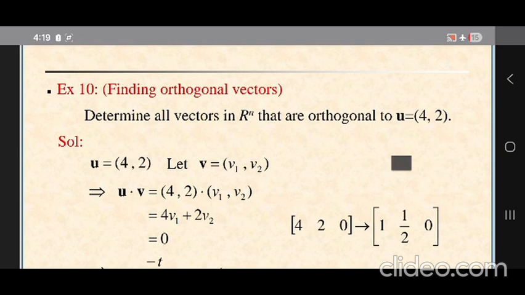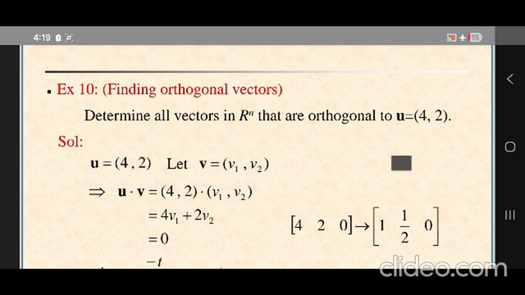Determine all vectors in R^n that are orthogonal to u, where u is (4, 2). Next, take another vector v equal to (v1, v2).